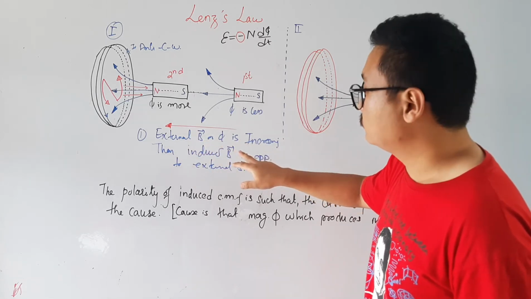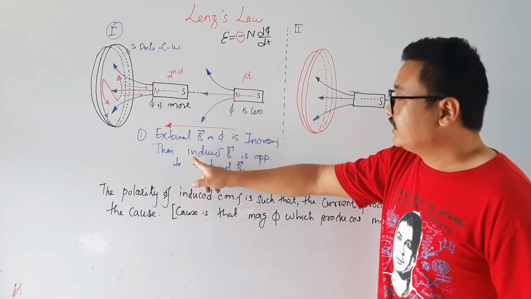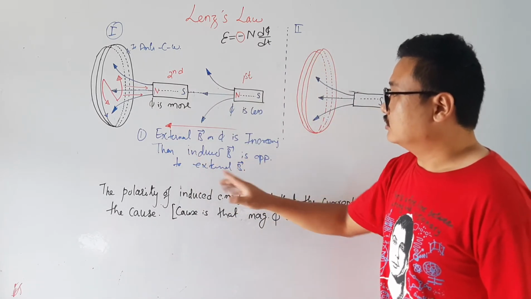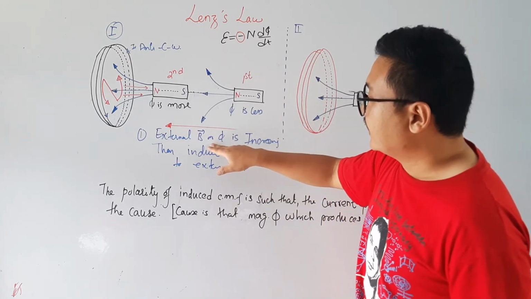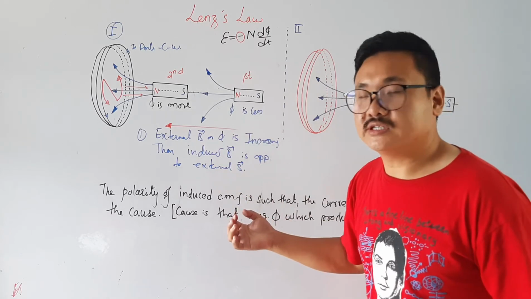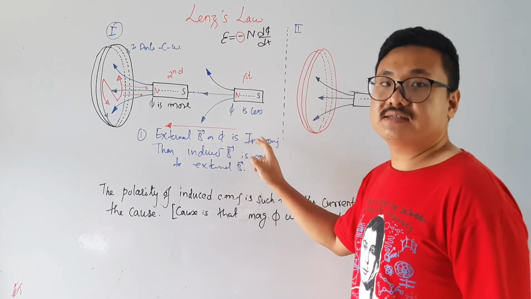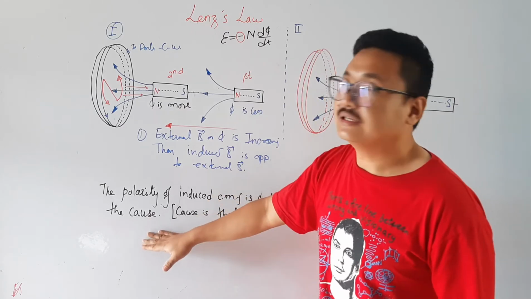I have told you it is going that side, so it is increasing. Then the induced magnetic field is opposite to the external magnetic field. Very important. If the external flux is increasing, then the induced magnetic field is opposite. Increasing, opposite. Why? Because of Lenz's law.